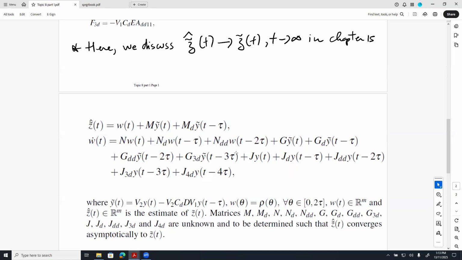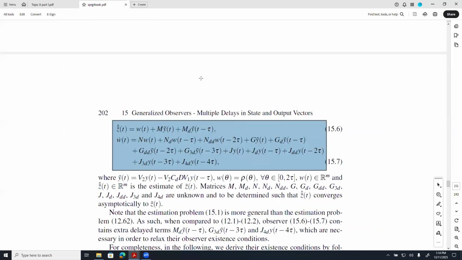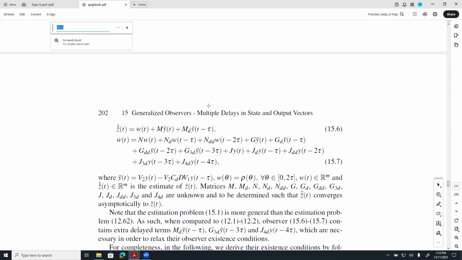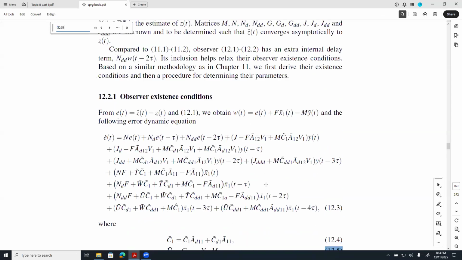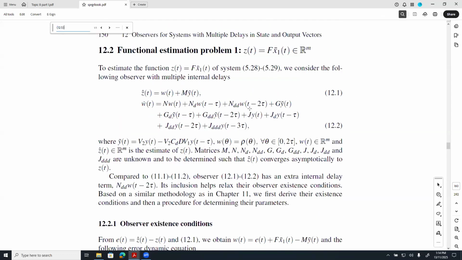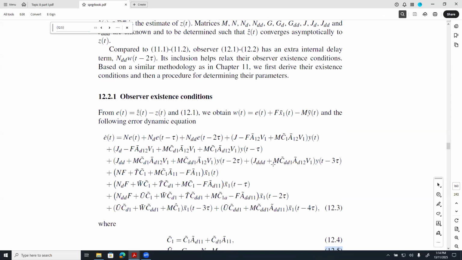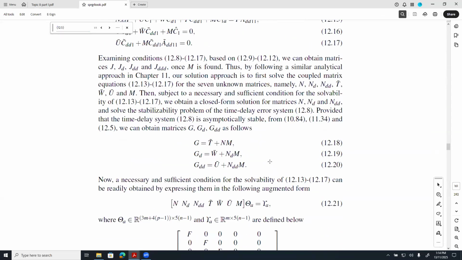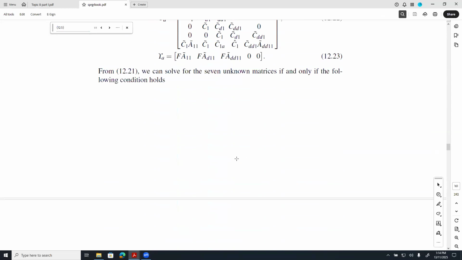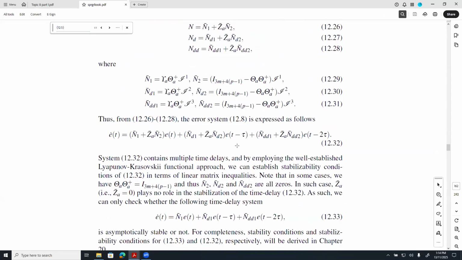The reason for having this extra term in here is that it would relax the conservativeness of our existing conditions. If we look at the discussion in chapter 12, for example, we show that by having this extra term in our observer structure, we could realize a first order observer with multiple delays.